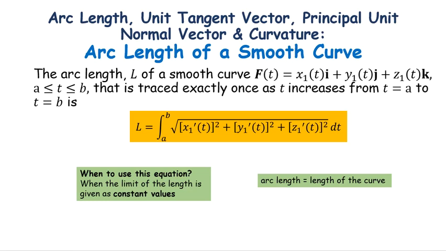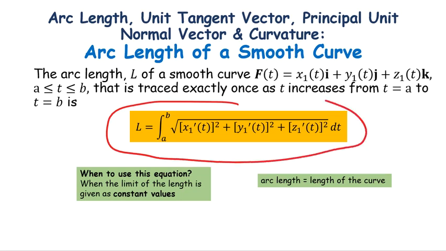Okay, first we're going to learn about the arc length of a smooth curve. The arc length L of a smooth curve vector function f(t), where t ranges from a to b, that is traced exactly once as t increases from t equals a to t equals b, can be defined as this equation given here.